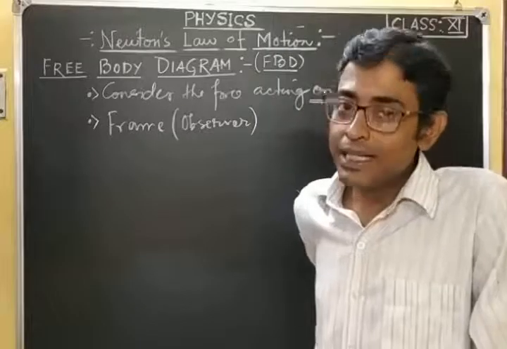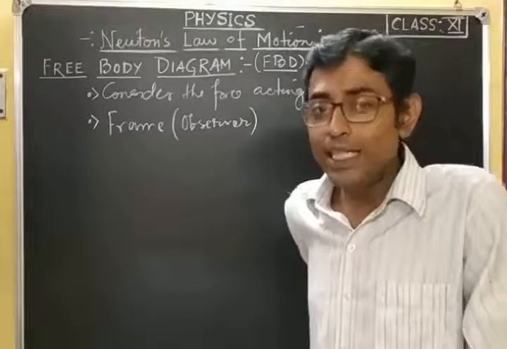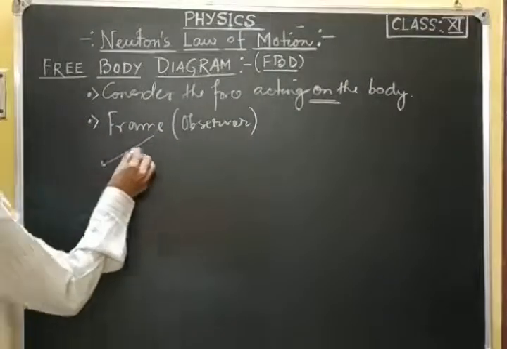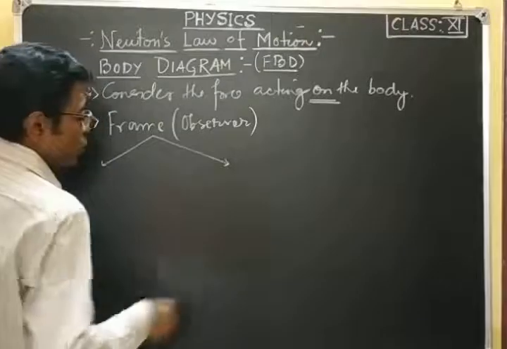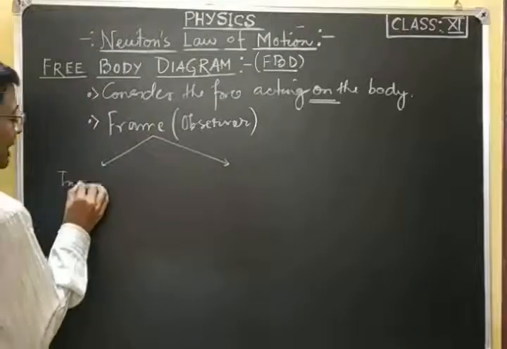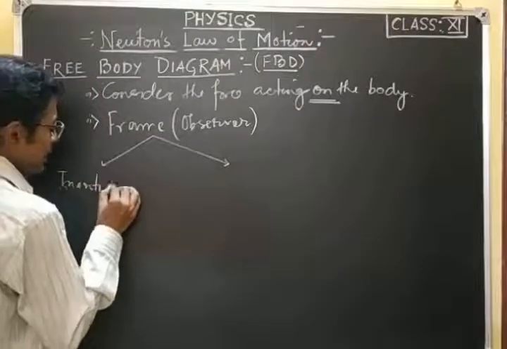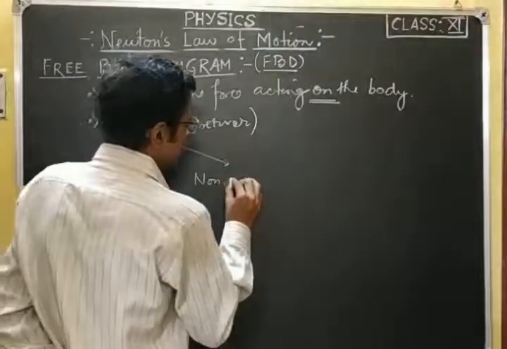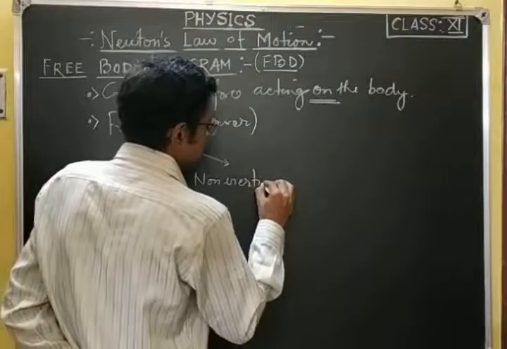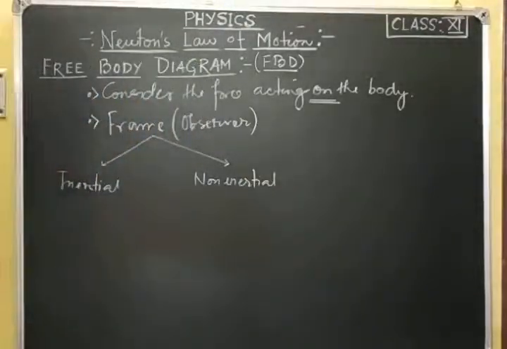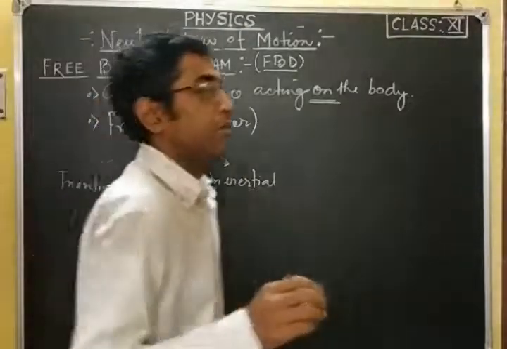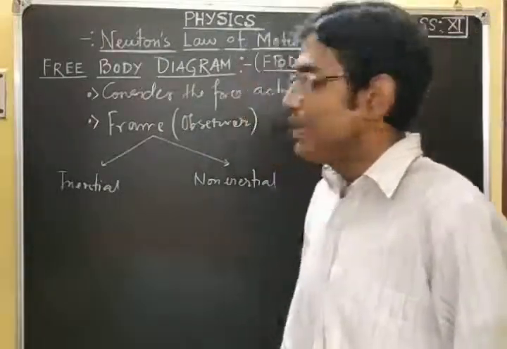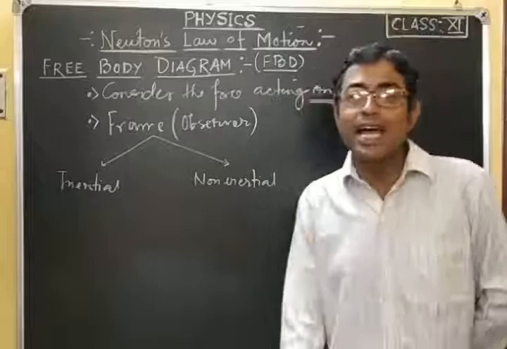So there are two types of frame. One is called inertial frame, another is called non-inertial frame. See here, frames can be classified basically into two categories. Inertial frame, and remember, the simplest way by which we can assume this: inertial frame means when the observer is at ground.